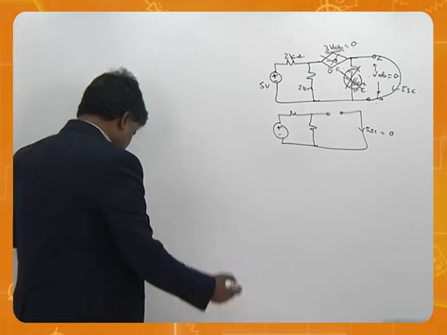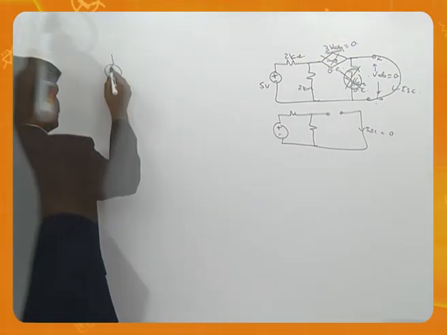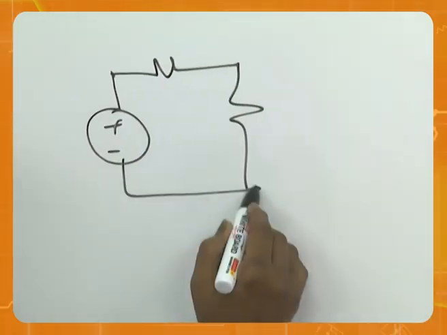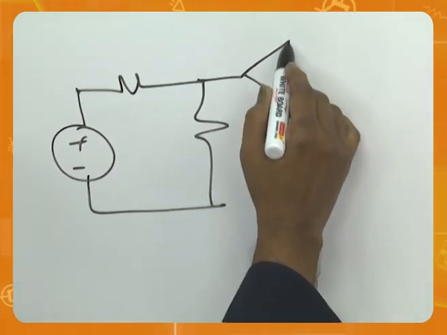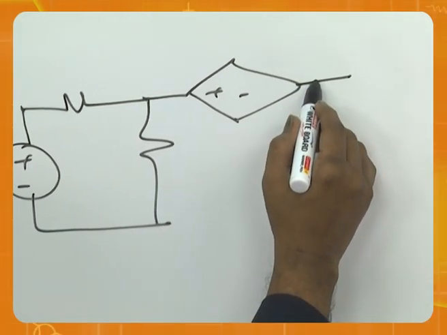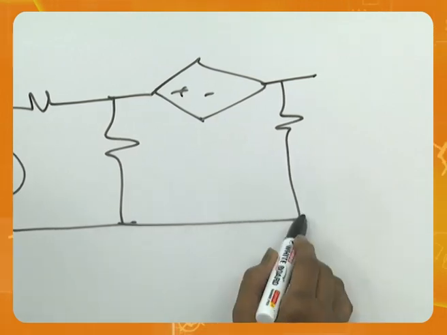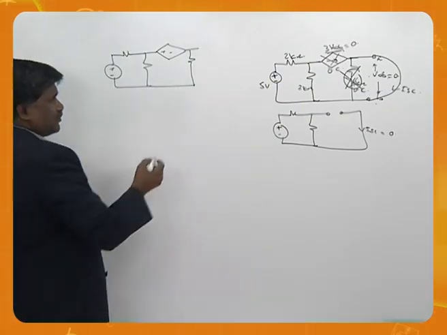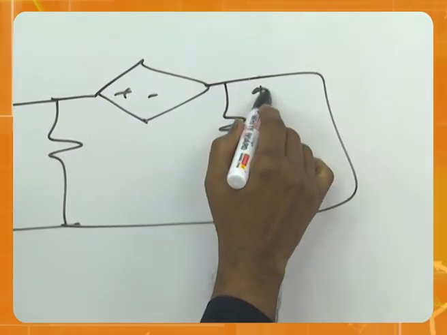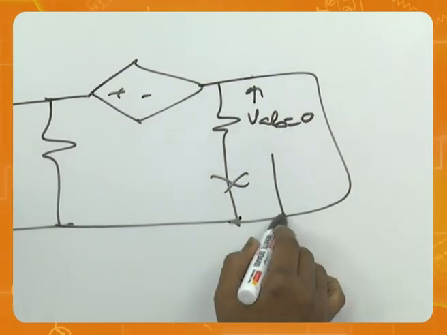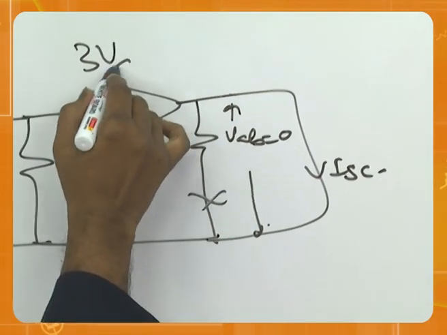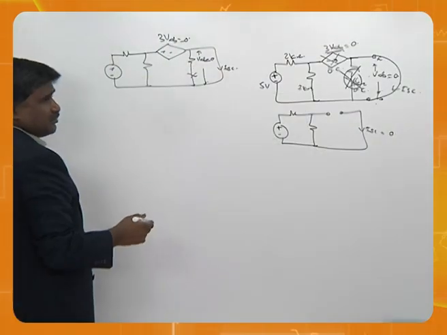Then, suppose the same voltage source is here. Instead of the current source, suppose they put it as a voltage source. Same thing, it gets shorted. This goes. VAB is 0. ISC is here. 3VAB also 0.